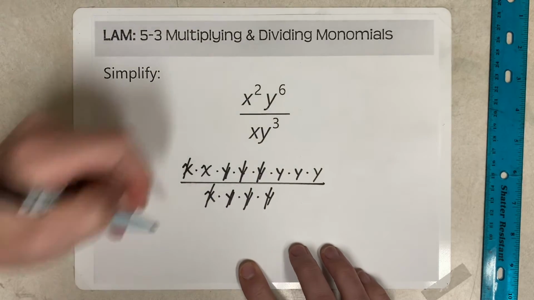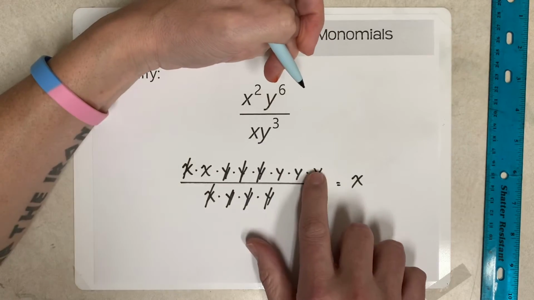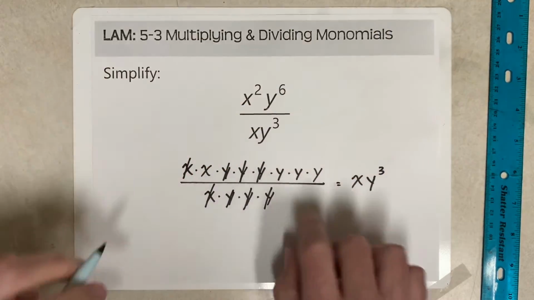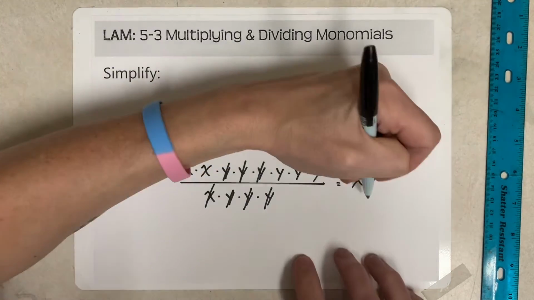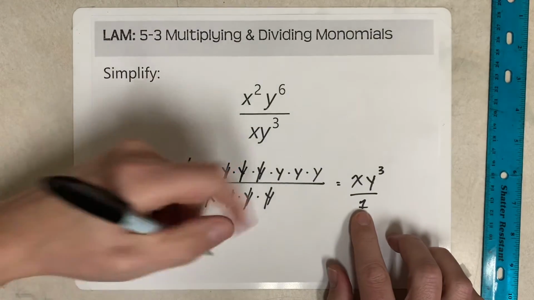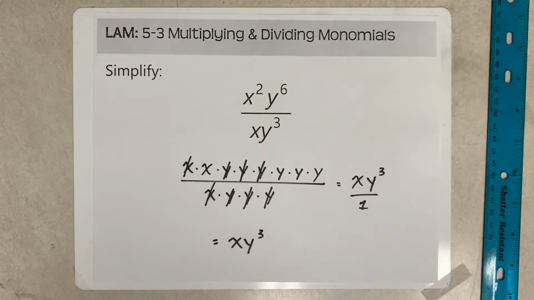So now what's left? You've got 1x on top, 3 y's on top. Nothing's left in the denominator, so that's it. Actually, there's a 1 left down here. But like I said before, nobody's going to put a 1 down here. They're just going to write their final answer as xy cubed, and that's that.